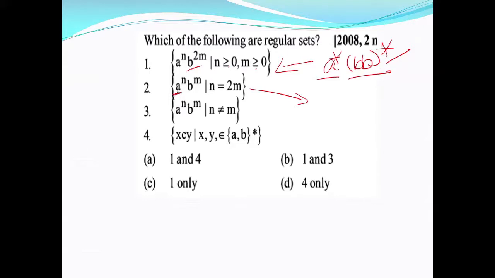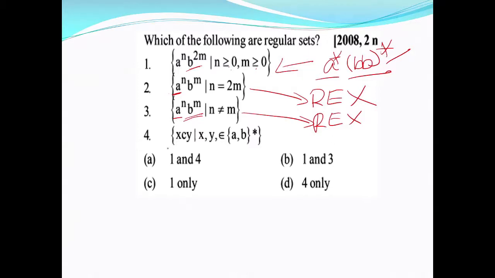So first you need to remember the number of A's, whether it is 10 or 100 or 500 or 1000, and there is no limit for this, and hence you cannot write a regular expression for this. And for this, still you need to remember the value of n, and check whether it is equal to m or not. So this also you cannot write, because you need to remember how many A's are there, and then compare it with the number of B's.